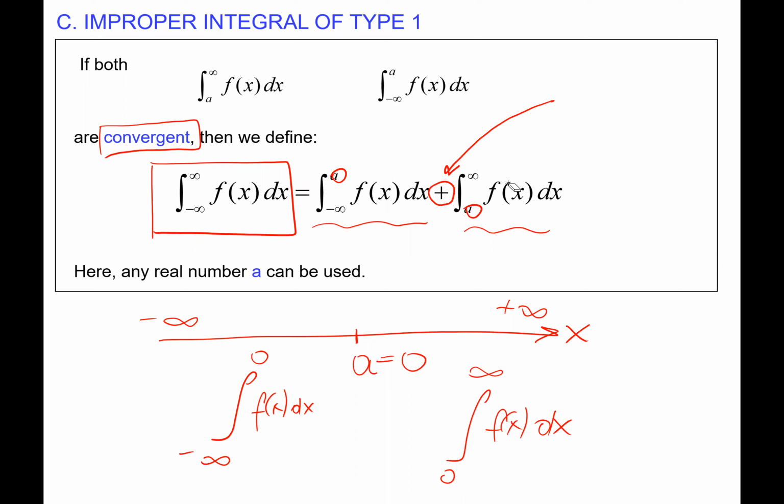If one of them is divergent, meaning the limit doesn't exist, or the limit is infinity, then I'm not even allowed to rewrite like that, because I can't play with infinity, like infinity plus infinity. If both of them are convergent, we rewrite as this one and this one, but we treat them separately. As soon as they are both convergent, then we can go and add them.